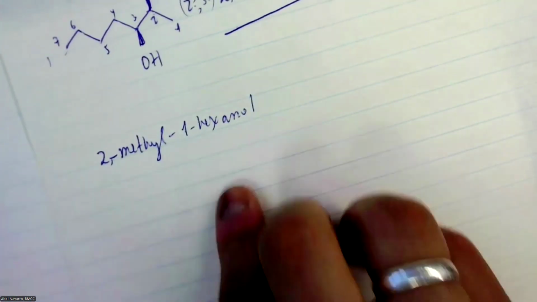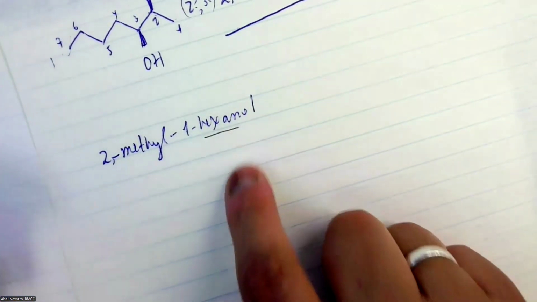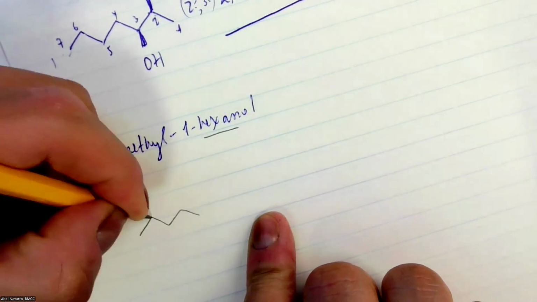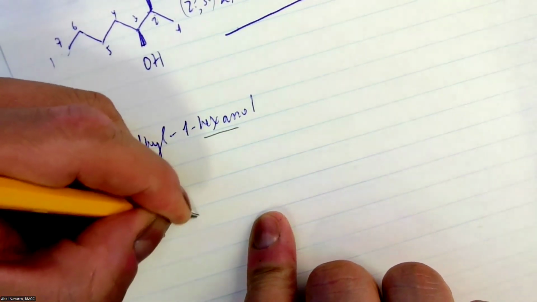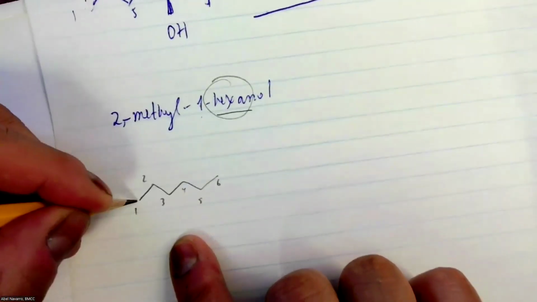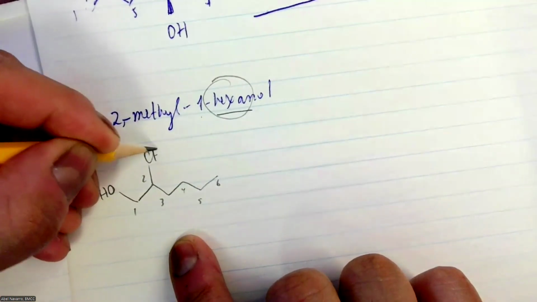How do I do that? Well, do first the backbone, hexane. 1, 2, 3, 4, 5, 6. That's my backbone, hexane. In carbon number 1, I have the ol, the OH, and in carbon number 2, I have the methyl. That's it.